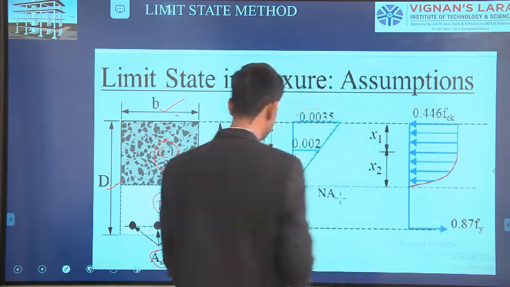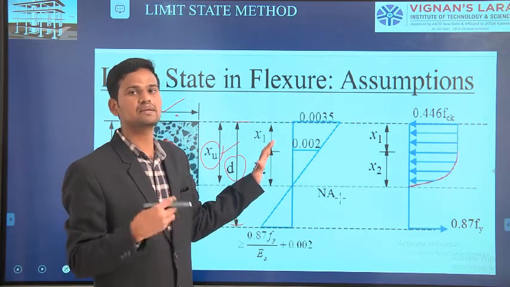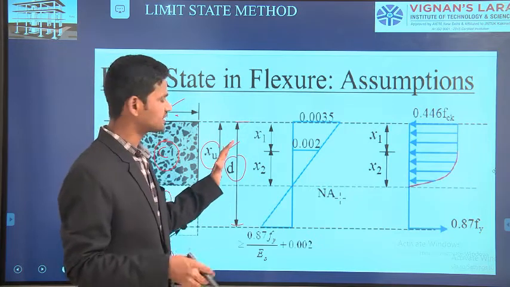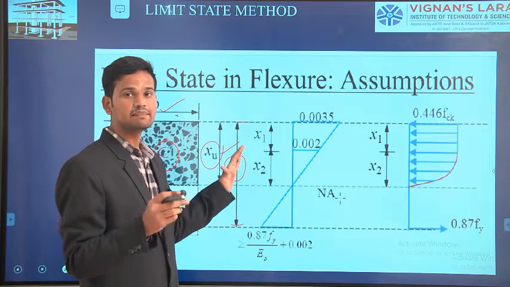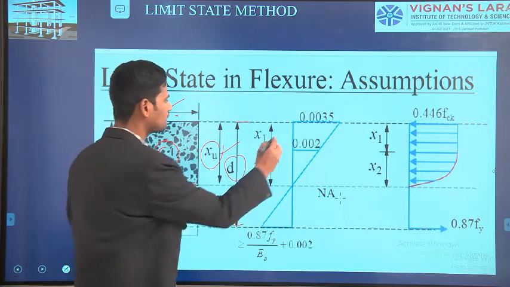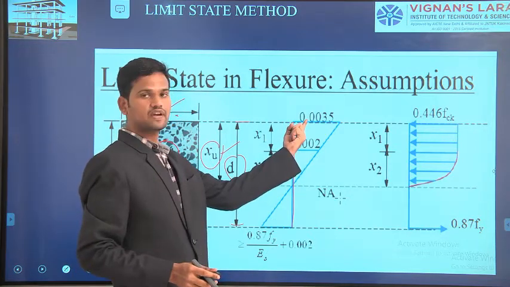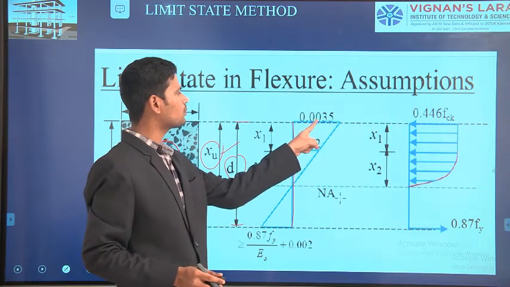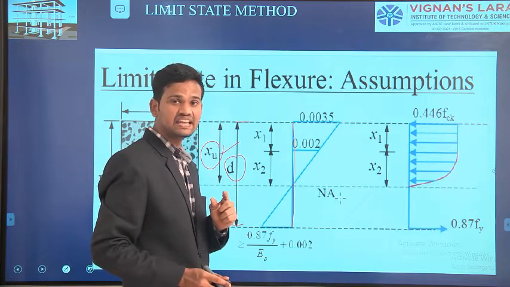Our assumptions are that plane sections remain plane, and the maximum strain in the compression fiber and the tensile strength of the concrete are considered, along with the maximum tensile strain in the concrete. Based on this concept, the strain variation is linear. From the top compression fiber, we take the strain in concrete as 0.0035.